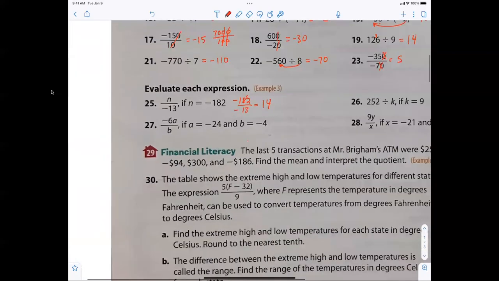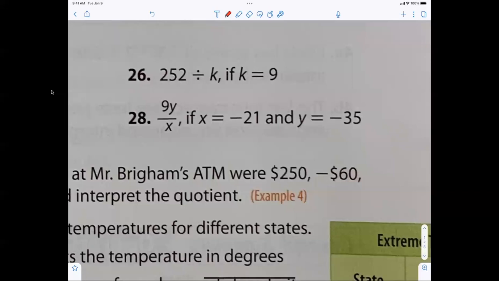All right, here we go, 26. So now 9 goes into 25. Oh, it wasn't the... Mm-hmm.